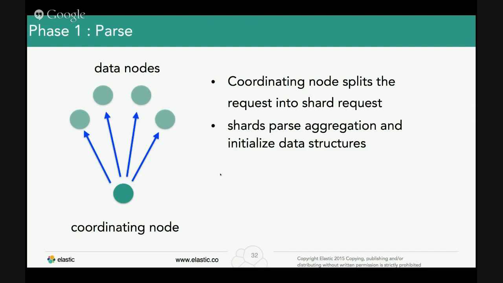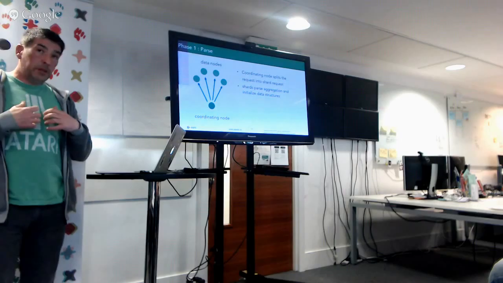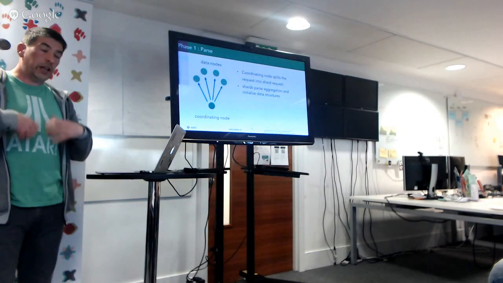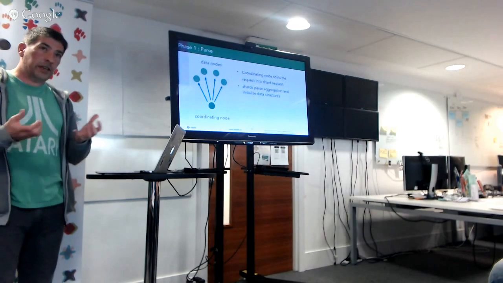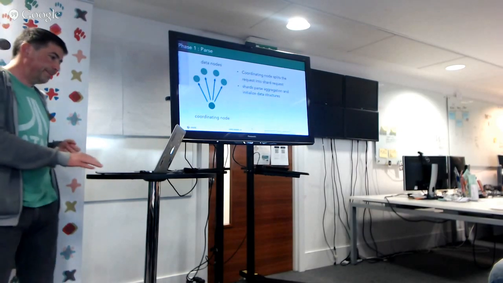So it takes this request, it splits it apart, finds out which data set it needs to be calling, and it sends them out to each individual shard that contains the data. Okay. It's their responsibility now to initialize data structures that represent the aggregations that you are requesting in the system.